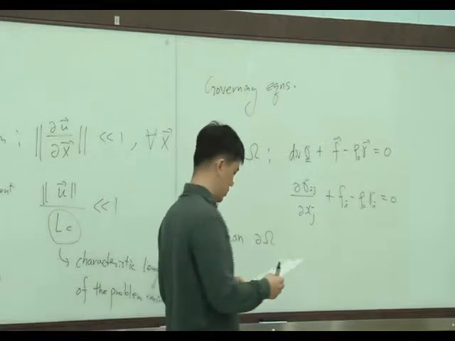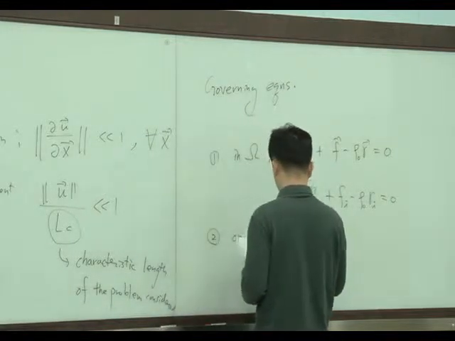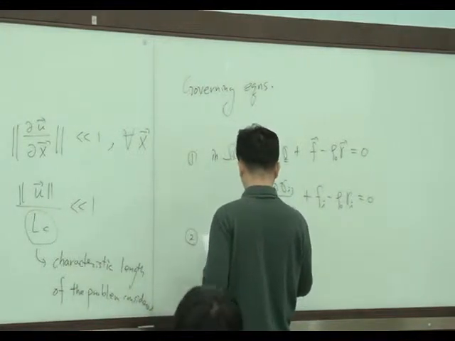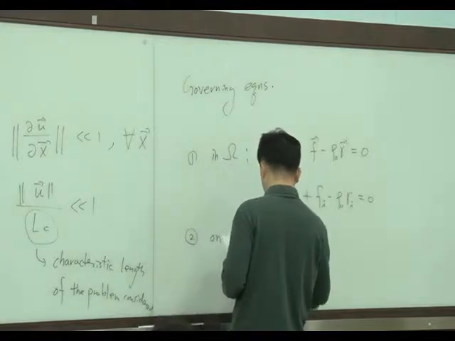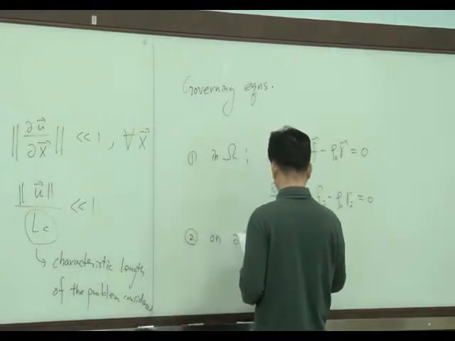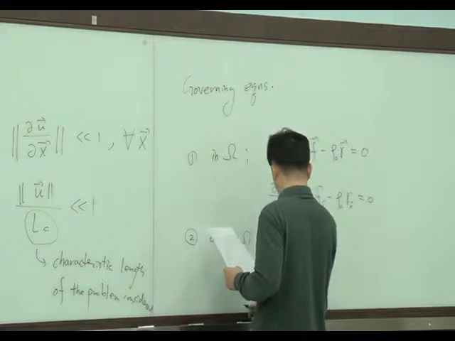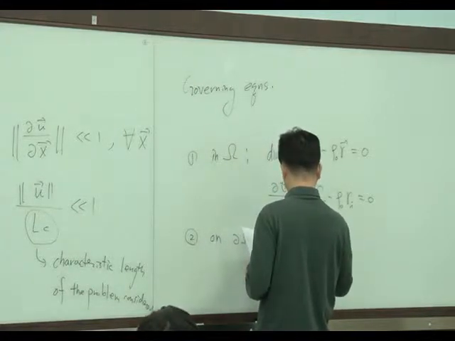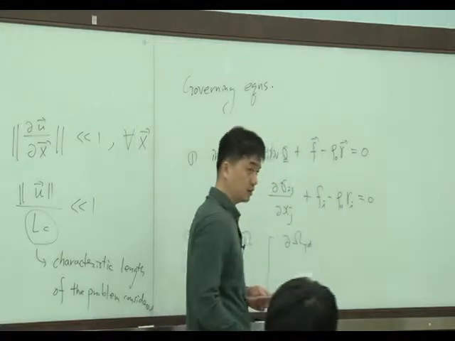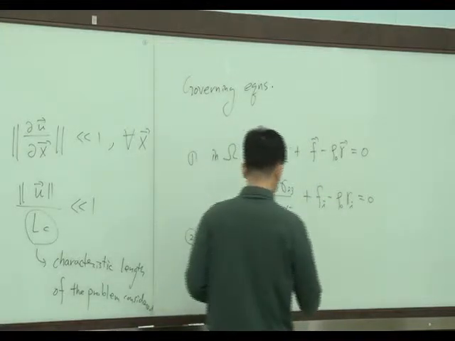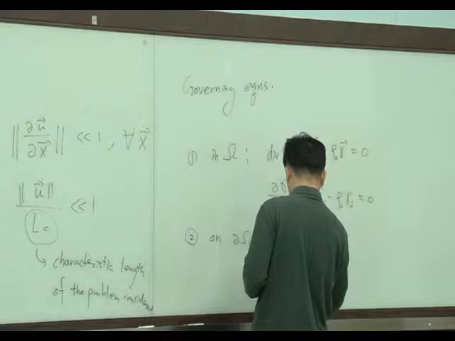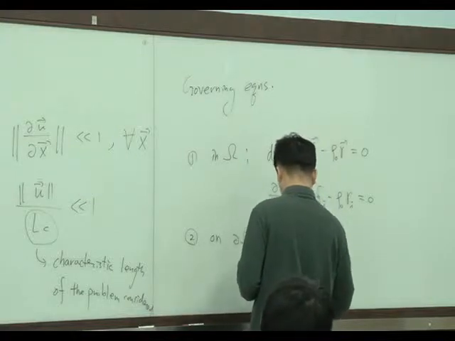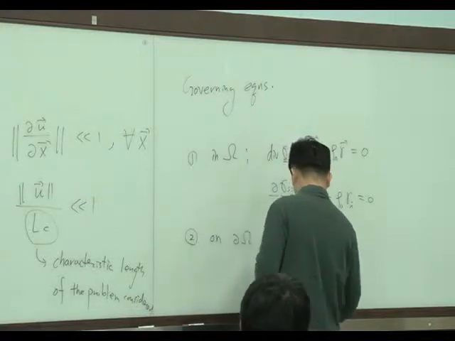Surface can be divided into two parts. Okay, so one is the force boundary, where traction is applied, and the other is the displacement boundary, where some displacement is applied.